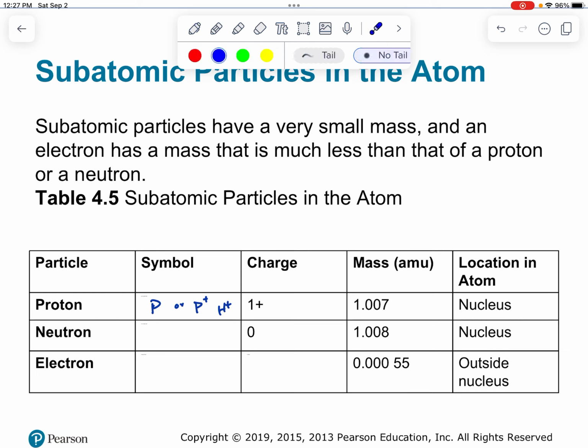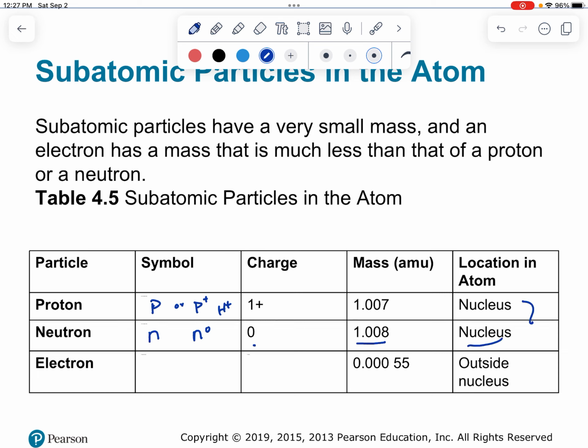It has a mass of basically 1.007, but 1 is good enough for us for most of our purposes. And it is located in the nucleus. The neutron has the symbol N or N0. It has no charge. It also has a mass of basically 1, and it also resides in the nucleus.